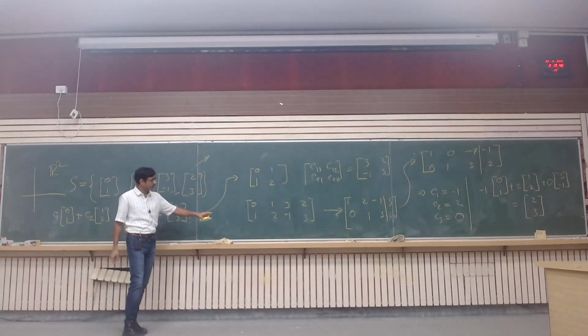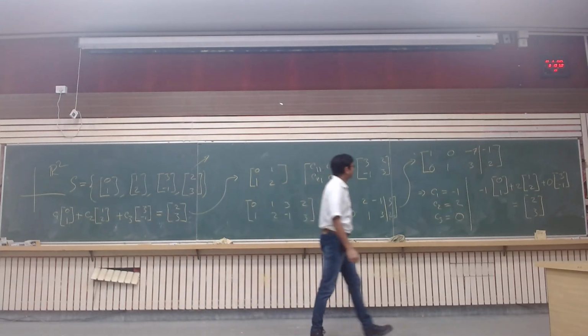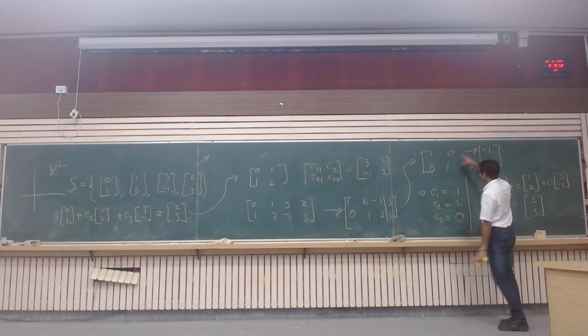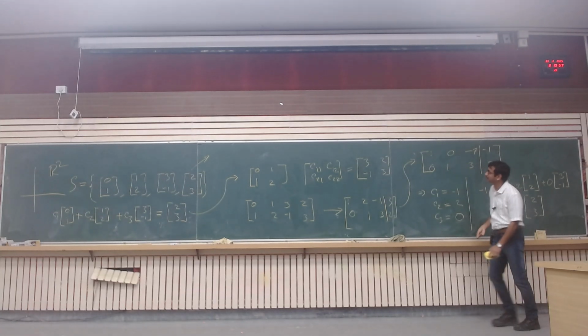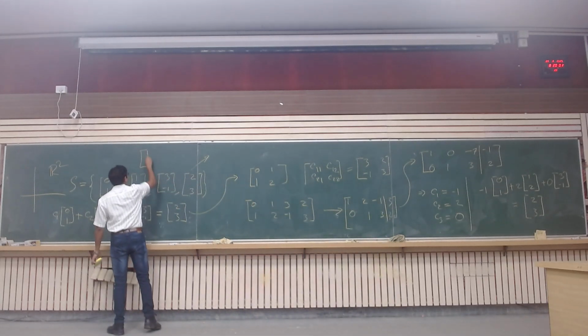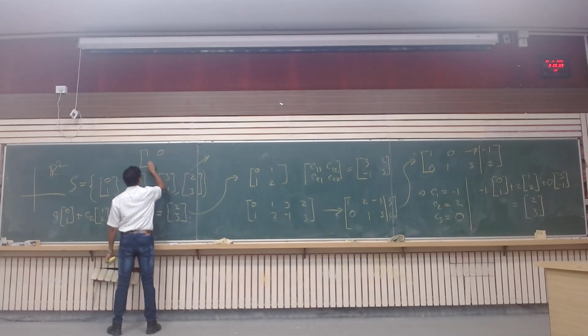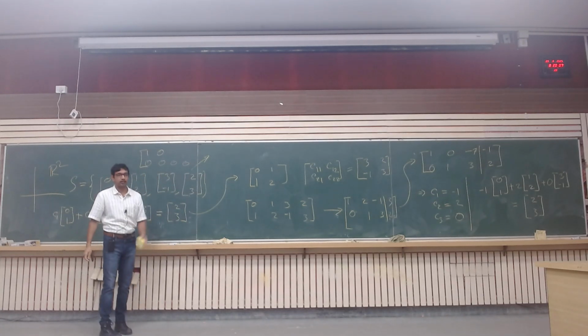But what I am trying to say here is that, I mean, the way we did it, we could have actually started with, because we are having the first two pivots in the first two columns. It might have been that we are not having pivots in the first. I mean, that we are having just a row reduced matrix of this form, 0, 0, 0, 0. So you don't have any pivots in the second column.